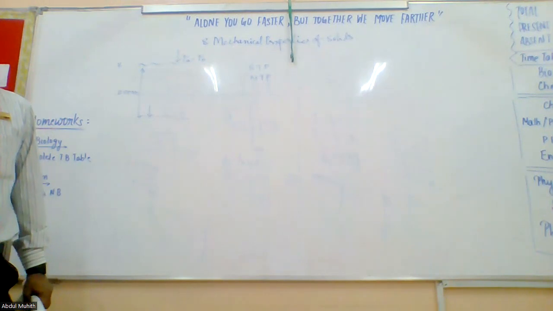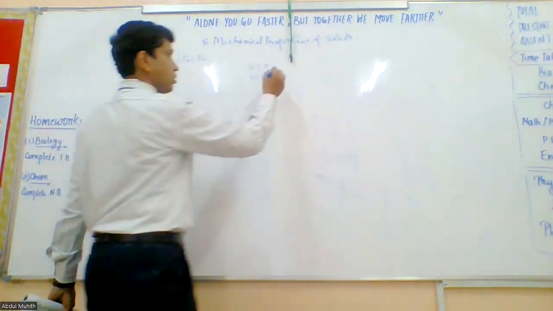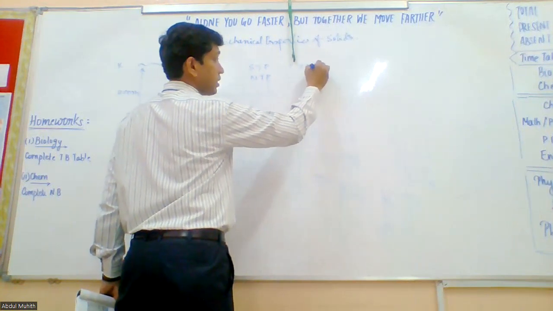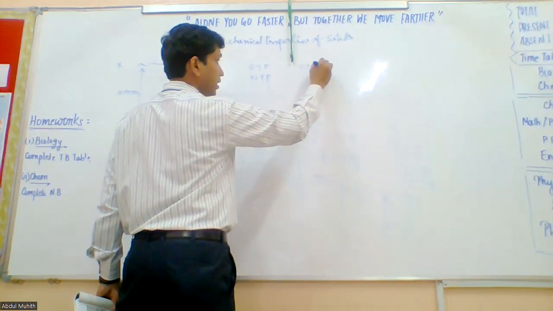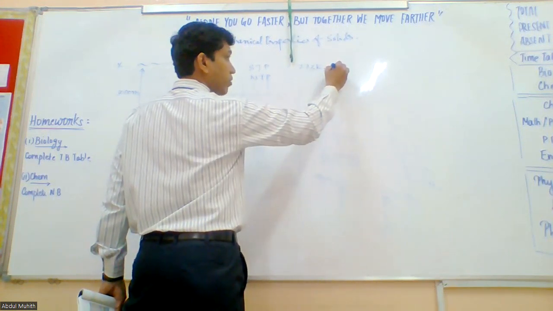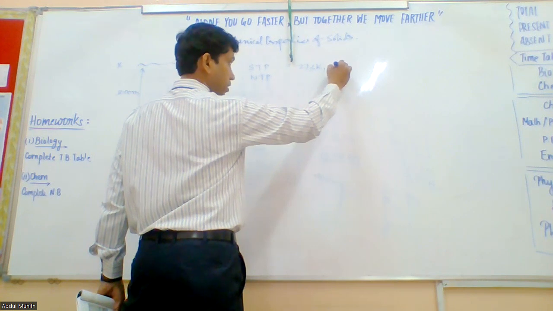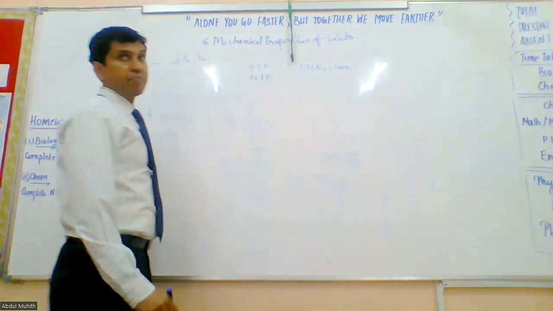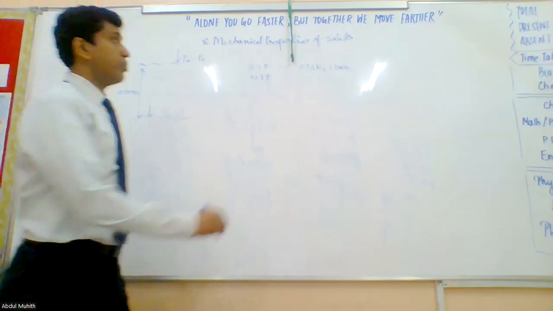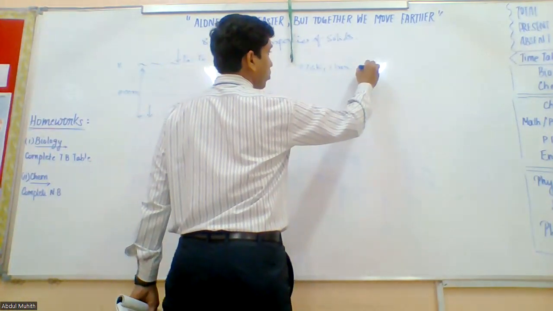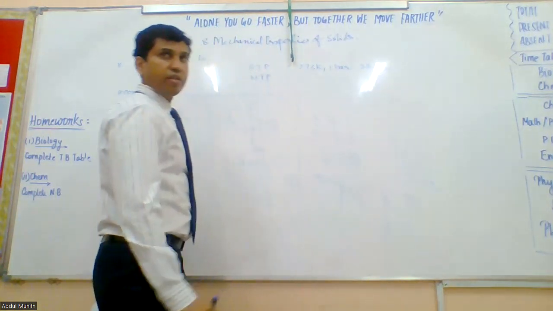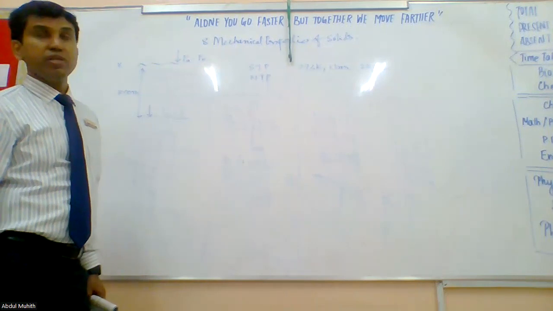What is the standard temperature? It is 273 Kelvin and pressure of 1 atm or 1 bar. 1 bar and 1 atm are the same, and the molar volume is 22.4 liters. Remember this one.